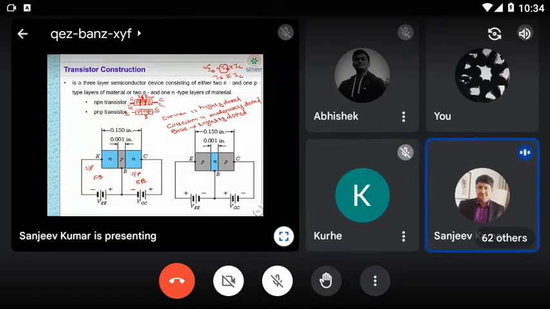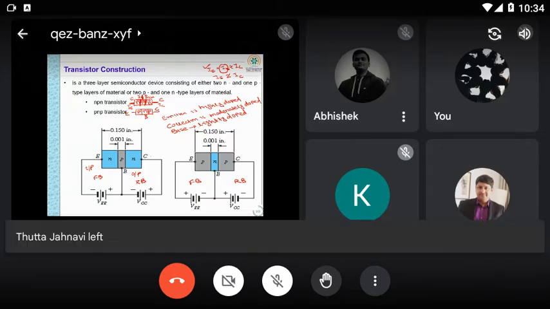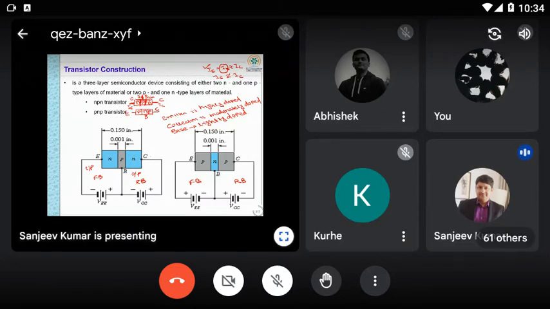Here also you can see in PNP, the input is forward biased and the output is reverse biased. For forward bias, you can see P is connected to positive and N is connected to negative. Okay, so this is construction wise I told, and the biasing part I will repeat later on.